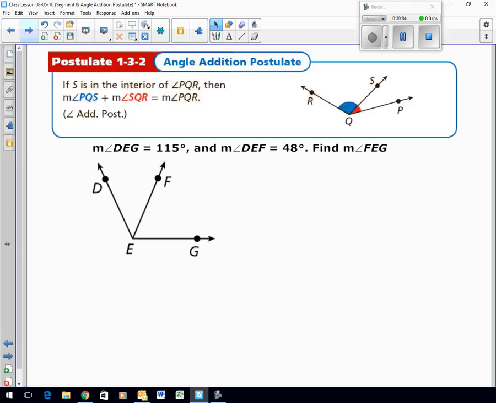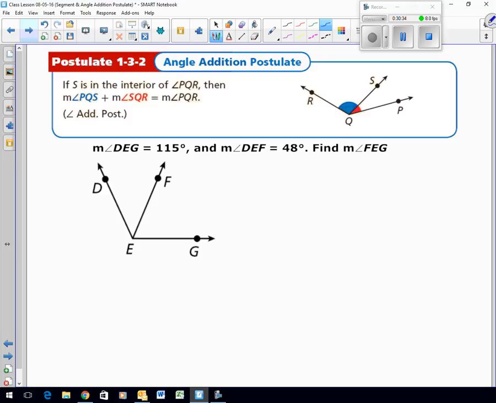Remember we call these rays? If I add a ray to this big angle, then the measure of the two angles that create the big angle is equal to the measure of the big angle. All right? Really hard to define this. It's much easier to solve it. Let me use this example. The measure of angle DEG is 115.